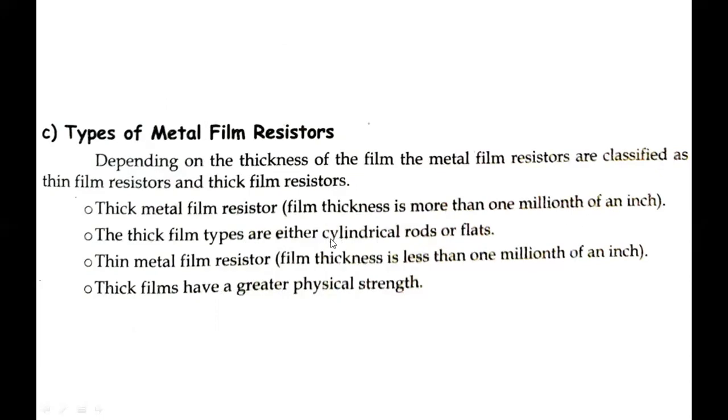Thick film types are either cylindrical rods or flats. Thin film resistor, metal film resistor, film thickness is less than 1 millionth of an inch. Thick films have a greater physical strength.